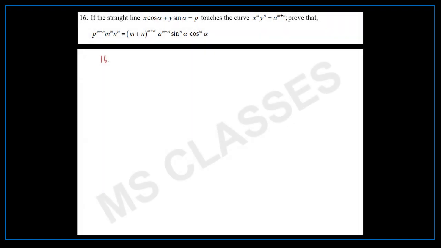Here is the given equation of the curve: x to the power of n into y to the power of n equal to e to the power of n plus n, which we mark as equation 1. To find the tangent, we need a point of contact. So at first we consider the point of contact.